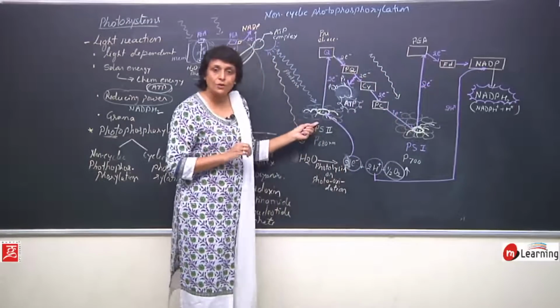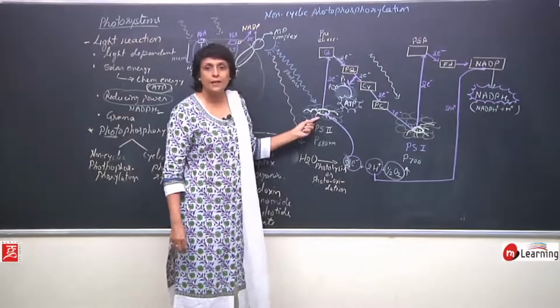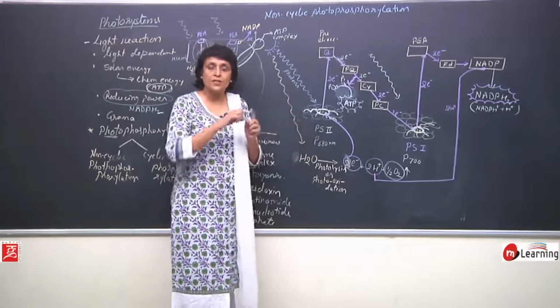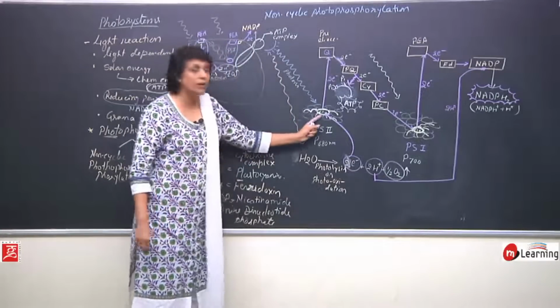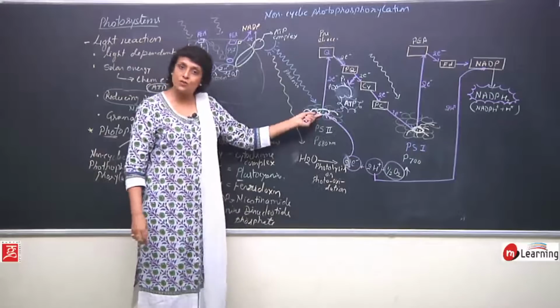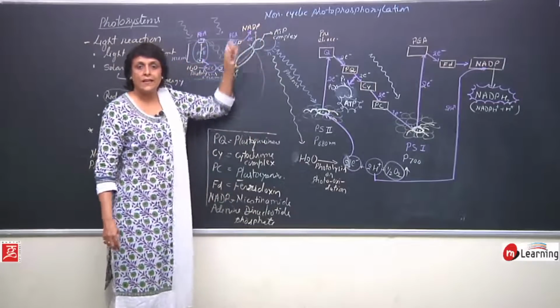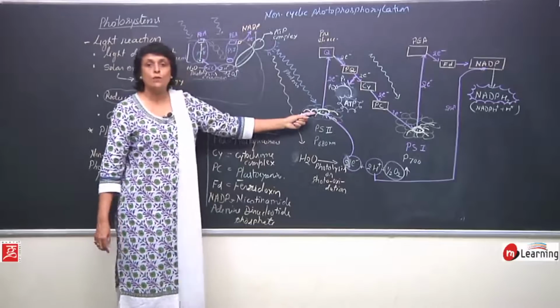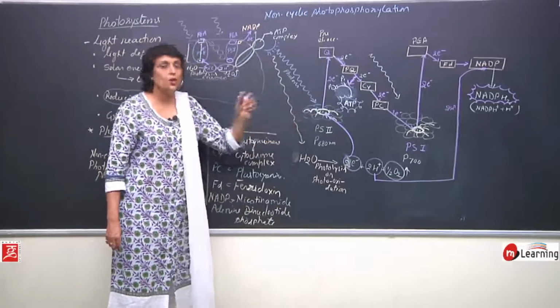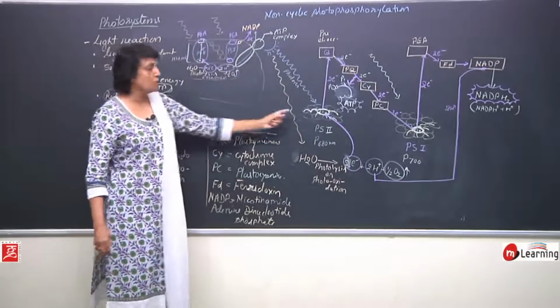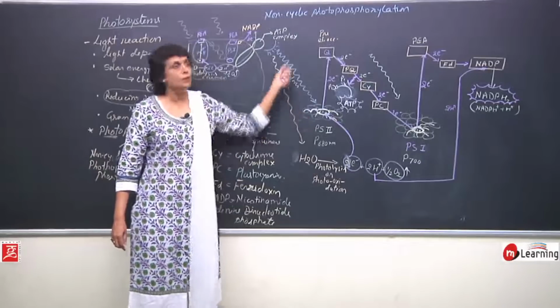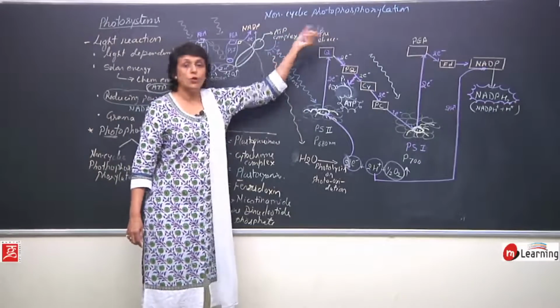Did it come back to the original chlorophyll A? It did not. So, because it is not coming back to the point from where it was lost, it is non-cyclic. So, now we know why it is known as non-cyclic. The electron which is lost from chlorophyll A of PS2 does not come back to the same chlorophyll. So, that is why non-cyclic.